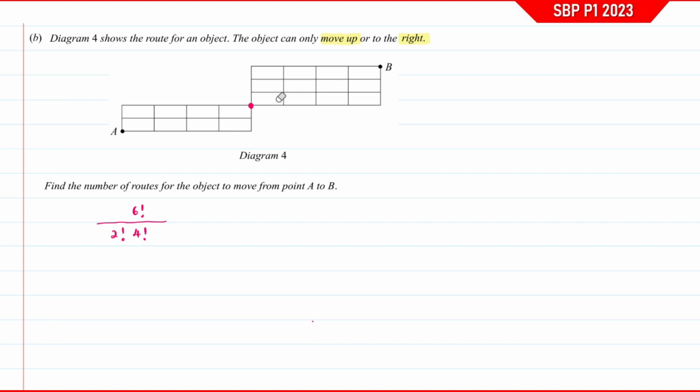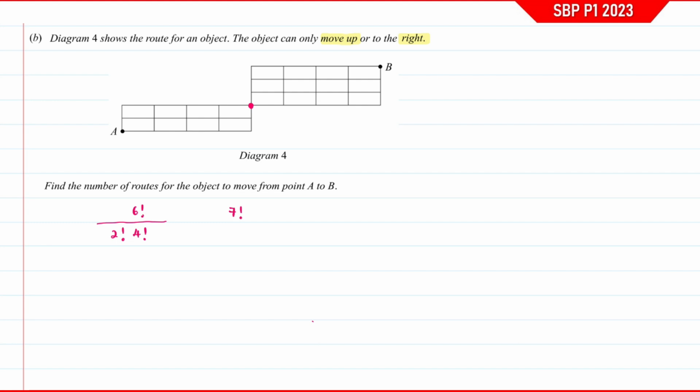And for the second part, from this point to B, the same concept applies. In total, for the second part, you're always going to move up 3 places and 4 places to the right, so in total 7 places. So the number of routes for the second part will be 7 factorial.